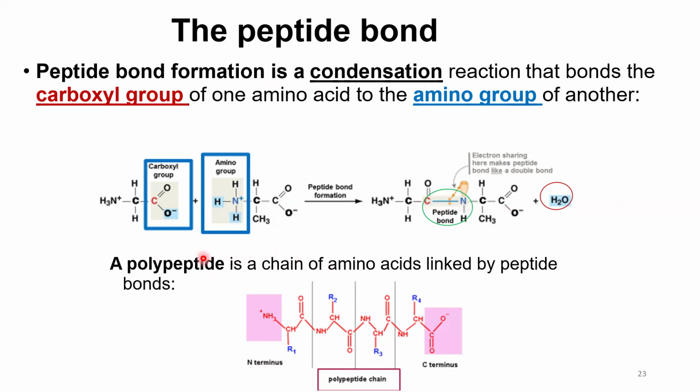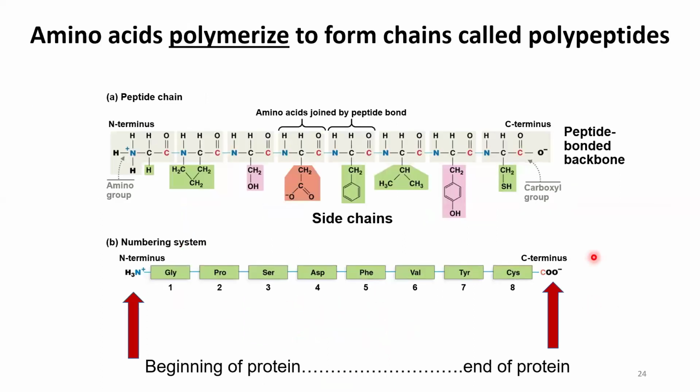And this polypeptide is basically a chain of amino acids linked by many peptide bonds. So polymerized amino acids are called polypeptides. When you look at these here, they are all linked.